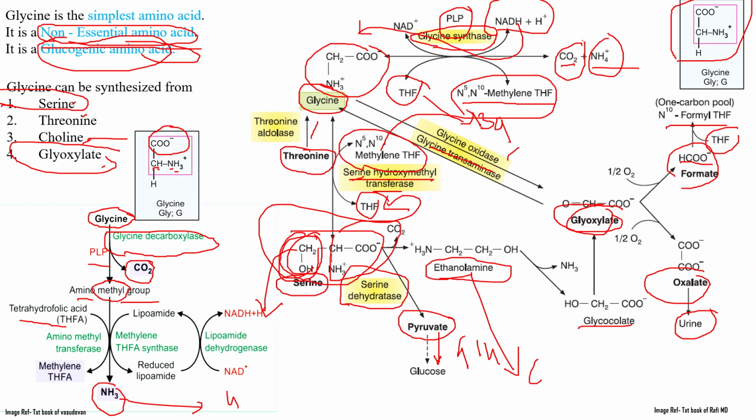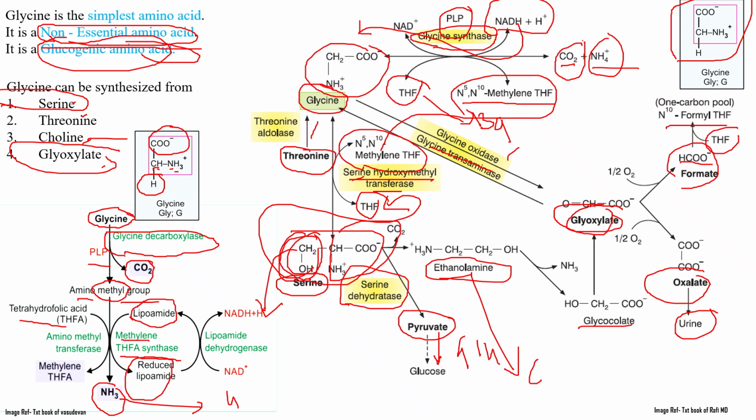And it is done by the enzyme methylene tetrahydrofolate synthase. It is synthesizing methylene tetrahydrofolic acid. And there is one more hydrogen group, right? This hydrogen group is taken up by lipoamide, which forms reduced lipoamide.